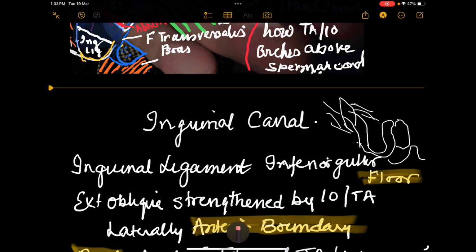So this is the external oblique: from the deep inguinal ring to the superficial inguinal ring in the external oblique is the inguinal canal.